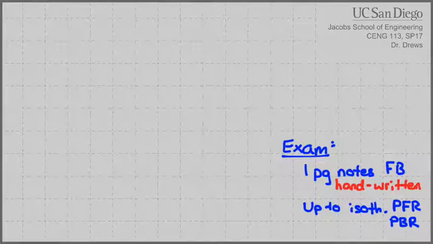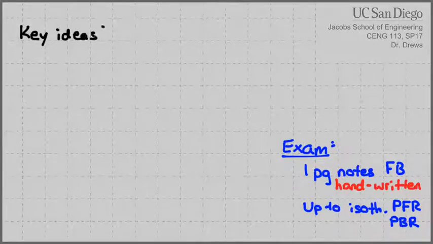We're done with plug flow and packed bed reactors. There are no more topics in there, so we're starting our last topic in terms of what kind of reactors. Those reactors are called continuous stirred tank reactors. And so today, the key ideas that we're after are twofold.